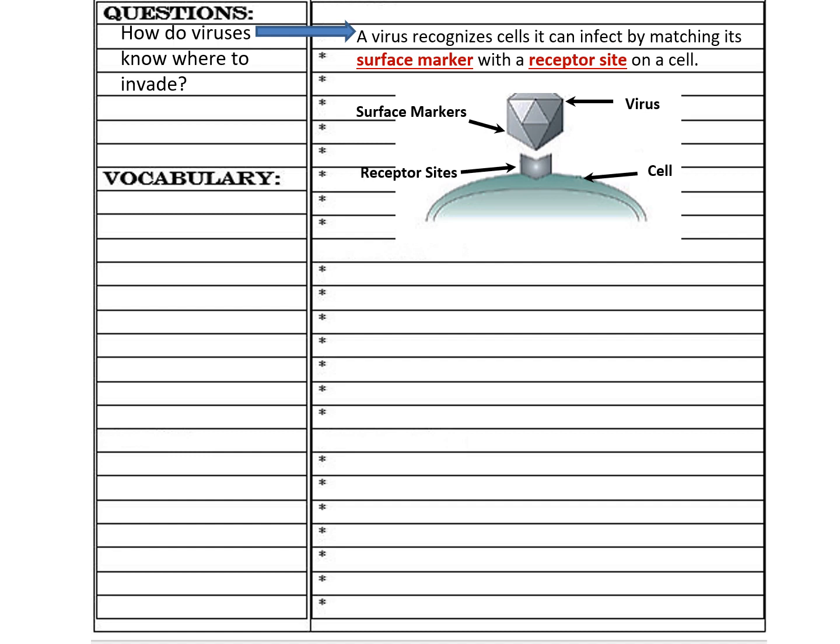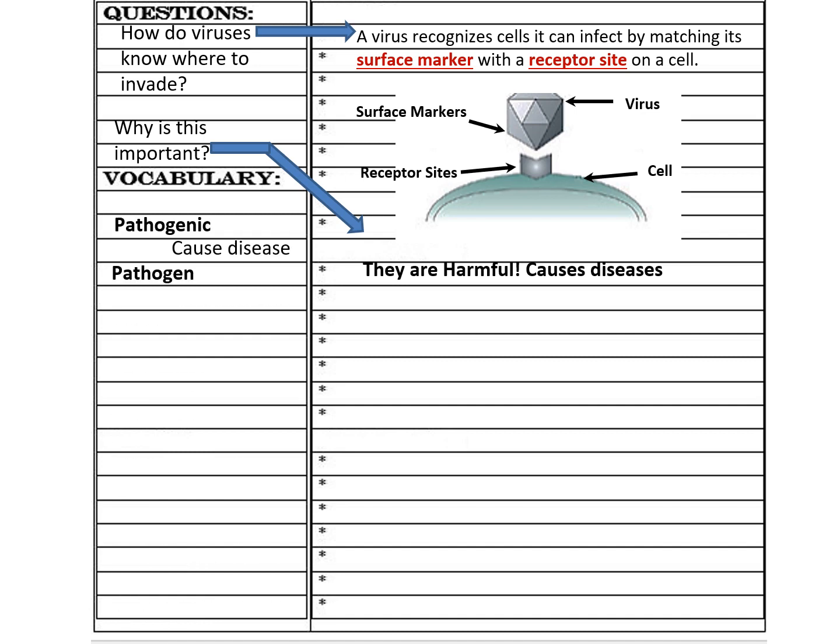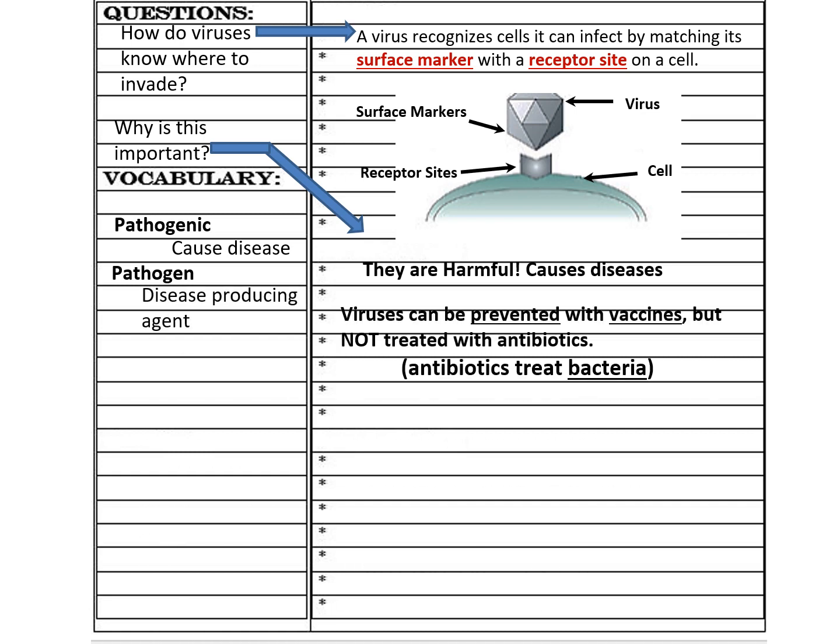All right, looking at those notes, you probably should have already added some other things to it, but we need to add on top of that, why is this important? Why do we have to know this? It's because the viruses are harmful. They cause disease. They're pathogenic, which means they cause disease. So they are pathogens, disease-producing agents.